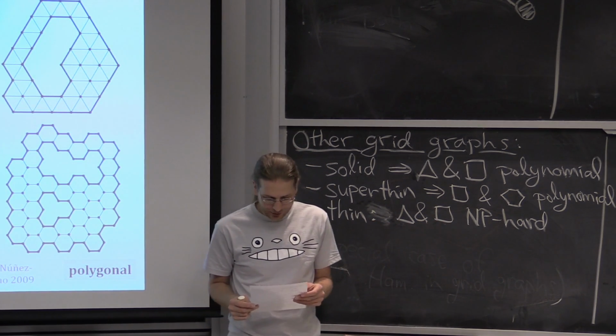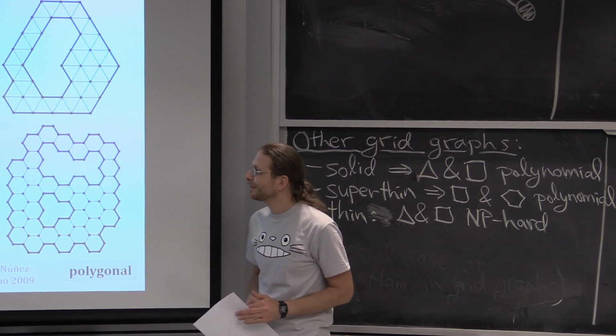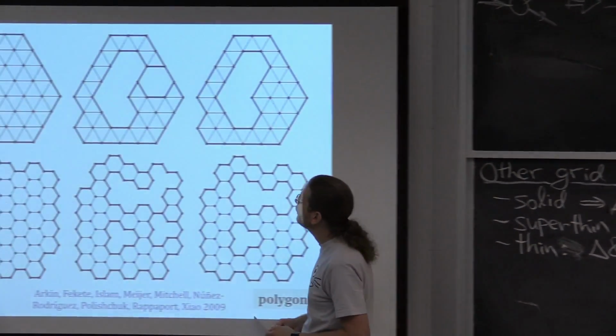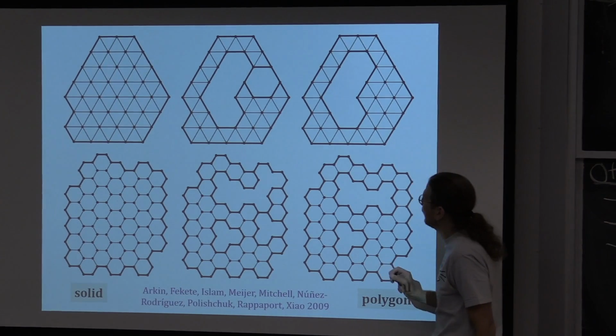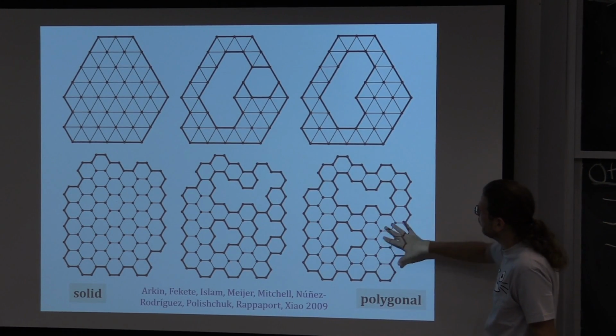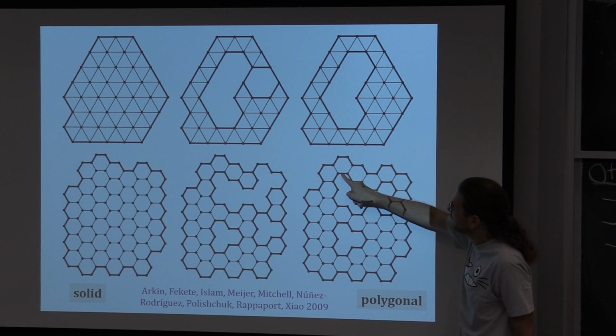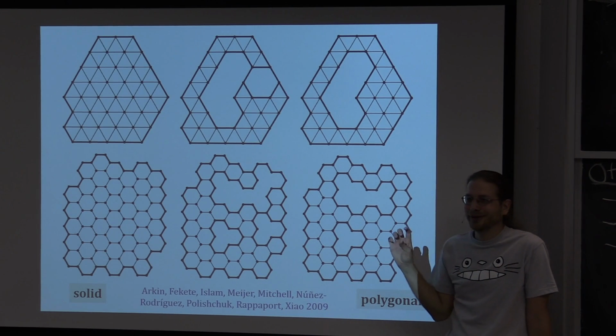What does thin mean? Thin means every vertex is on the boundary. Okay, so super thin is something like every edge is on the boundary. Thin is that every vertex is on the boundary. So for example, this part here is thin. The boundary is actually drawn in bold here. So if every vertex has bold edges incident to it, then we call that thin. So it's a little bit thicker than super thin.